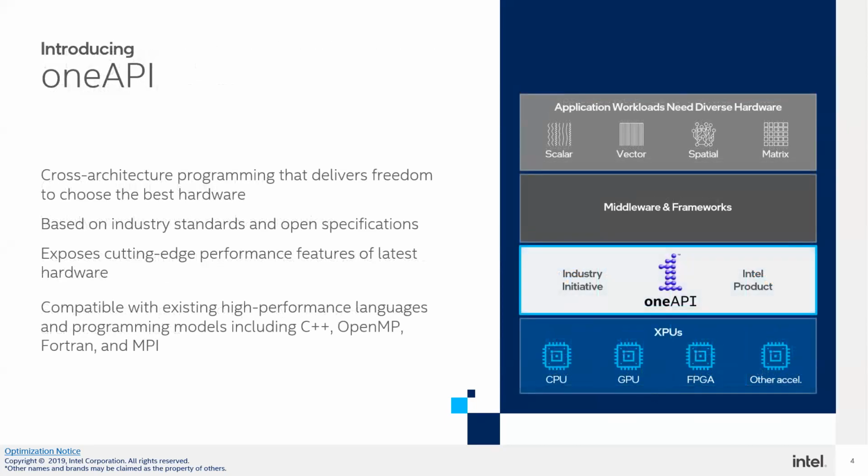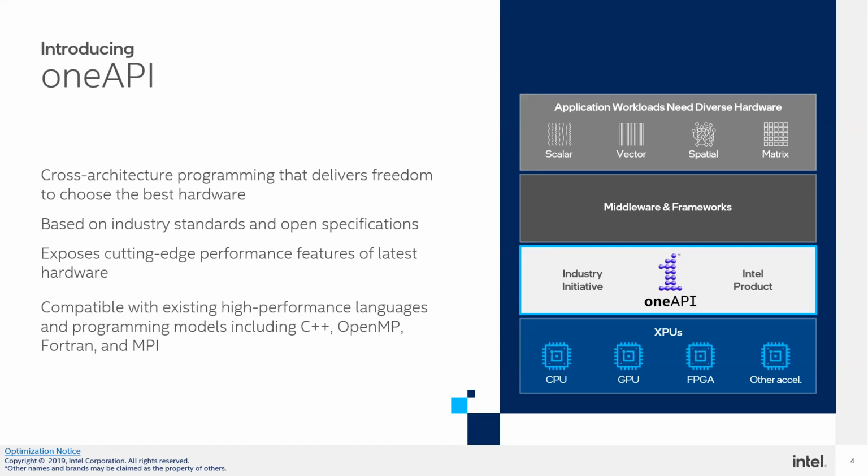With that, we saw the challenge, and the solution is oneAPI. The goal of this oneAPI project is to deliver a unified software development environment across CPUs, GPUs, and other different types of accelerator architectures. oneAPI is an industry initiative. What you will see today is Intel's implementation of the industry initiative, but it's very much an open industry initiative.